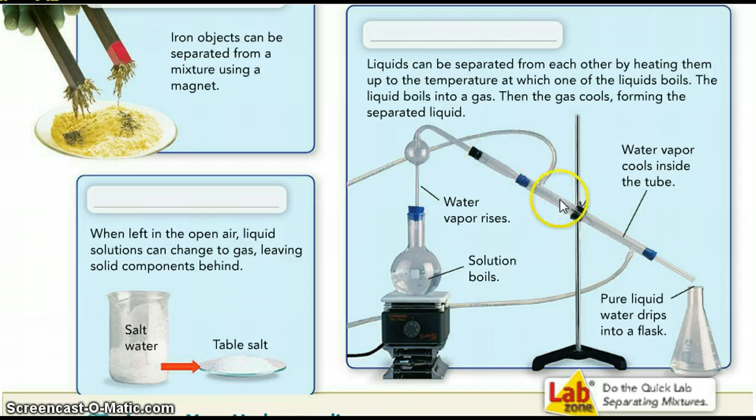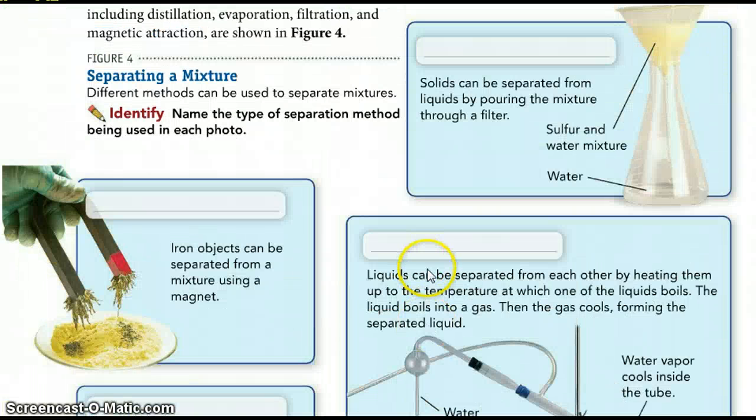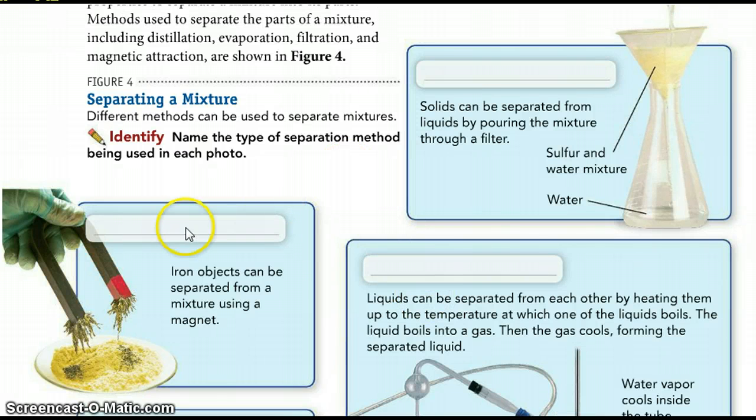It then goes down and cools and turns into water. And so now we have the liquid that is running off, and any solid would be left here in the bottom of this container here.